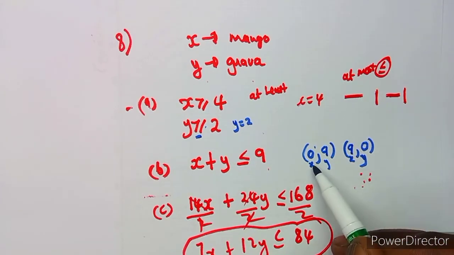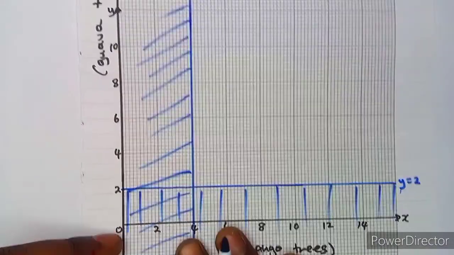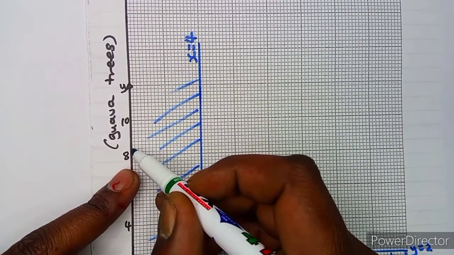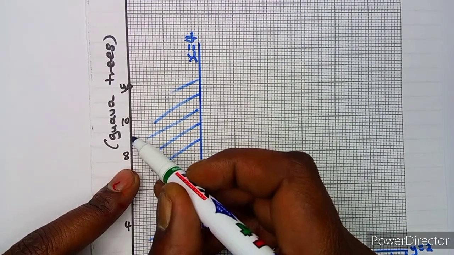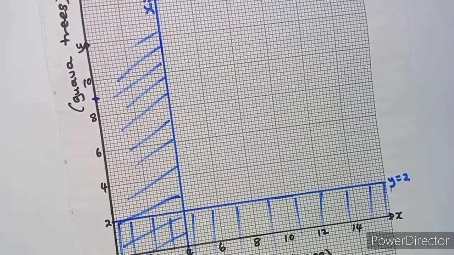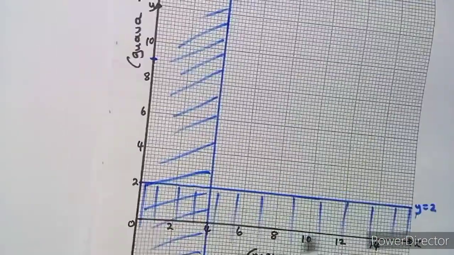So you're going to mark the point (0, 9). That is 0 here, 9. So 9 is in between 8 and 10. It's 1, 2, 3, 4, 5. Okay, so that's our (0, 9) here. And (9, 0) here.